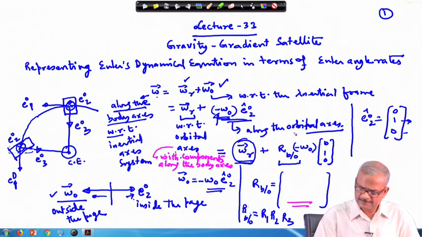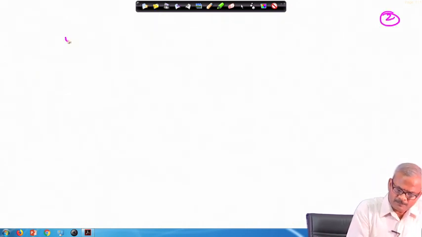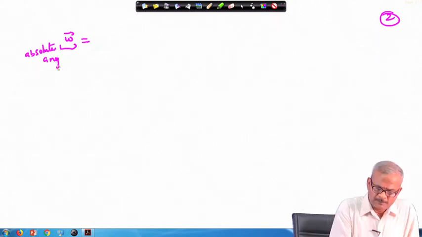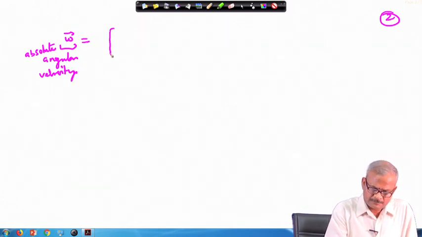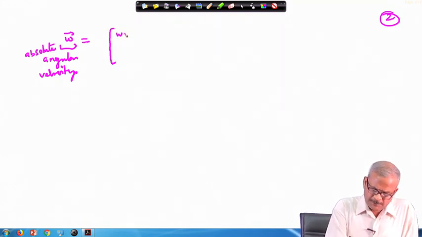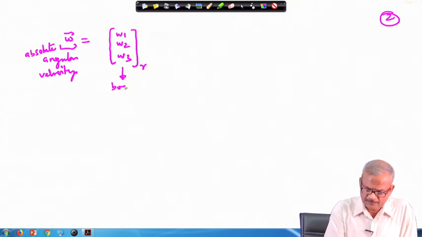So we need to complete this. Therefore our omega, the absolute angular velocity, is omega 1, omega 2, omega 3 r, but still these are components along the body axis.